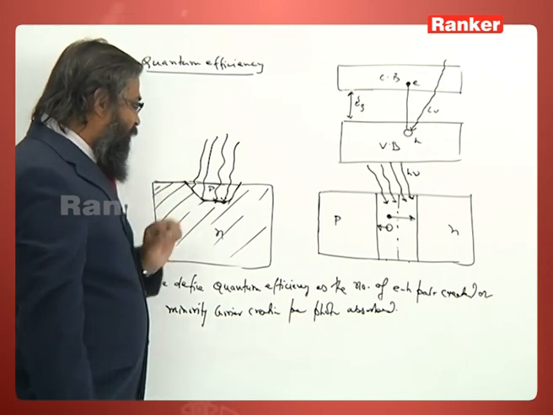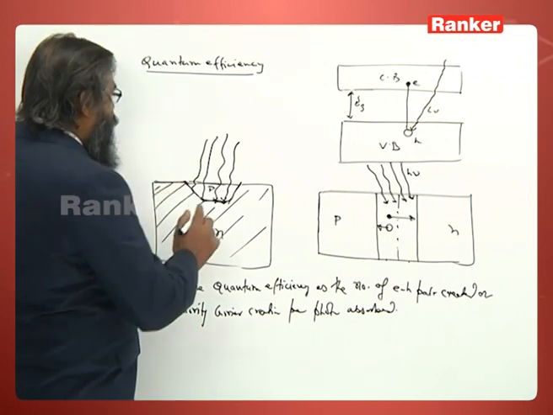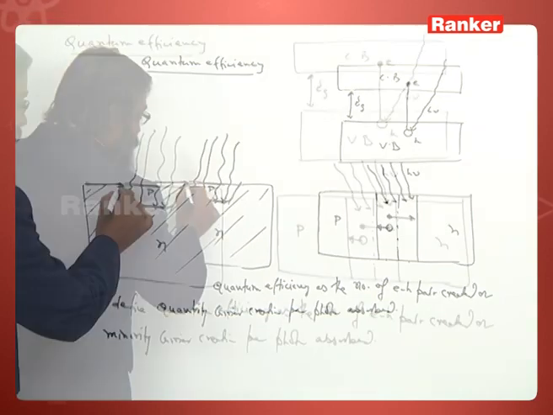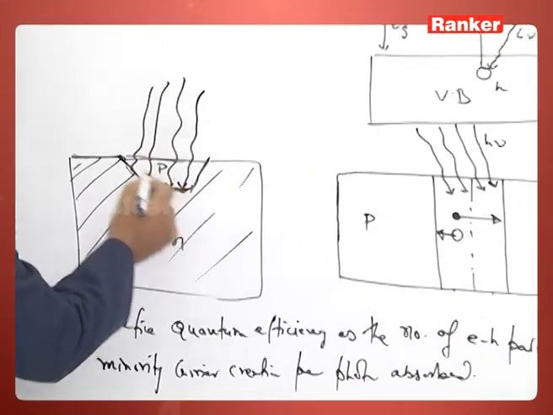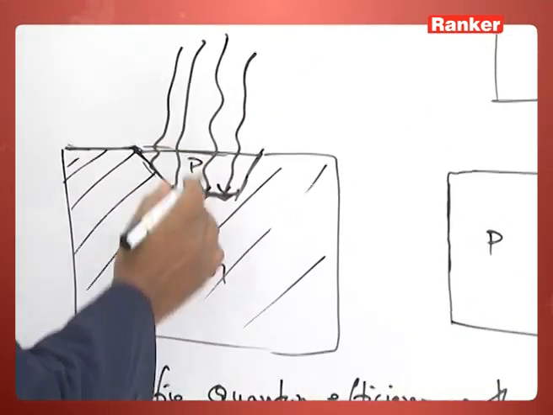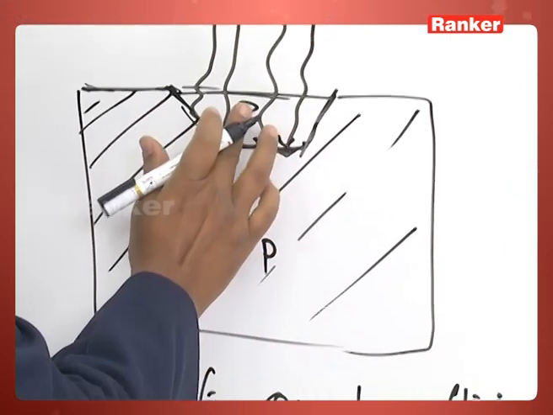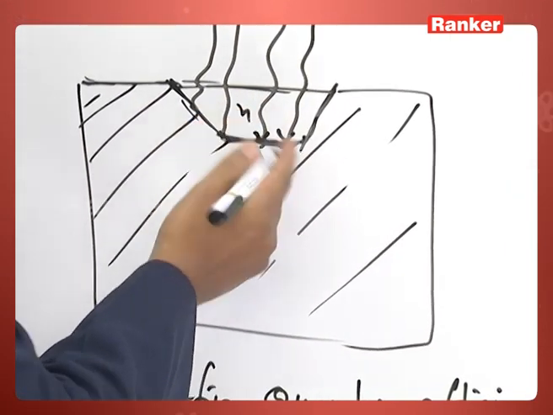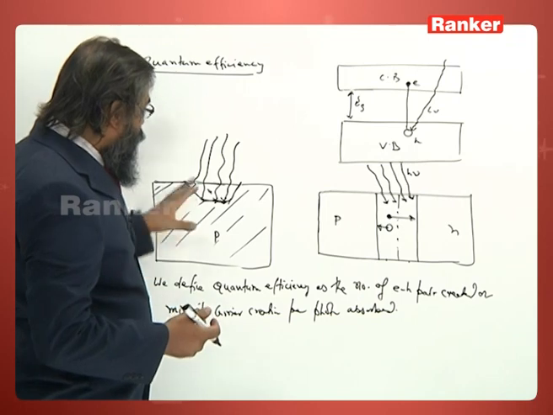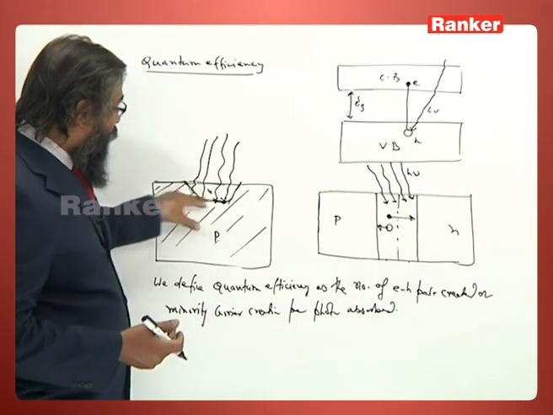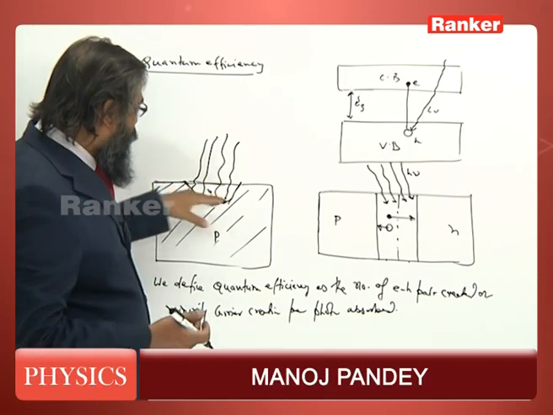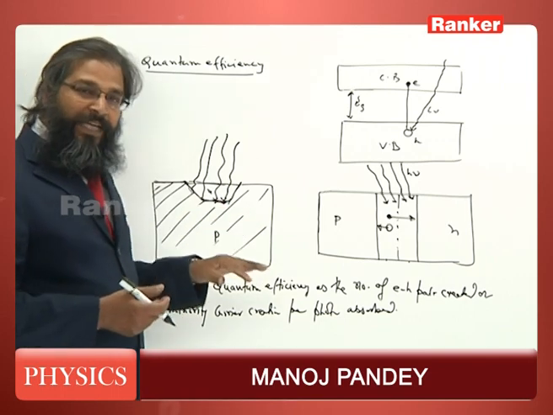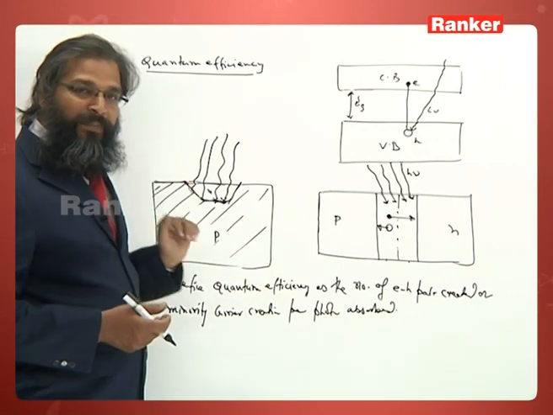So three things are required. Number one, this window, whether it is p type or n type, it may be p type here or maybe n type, depending on the diode. Whatever it may be, there must be a transparent window, meaning either the n or p type must be a transparent medium.